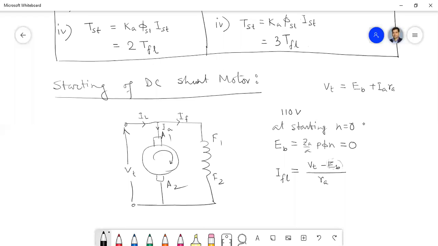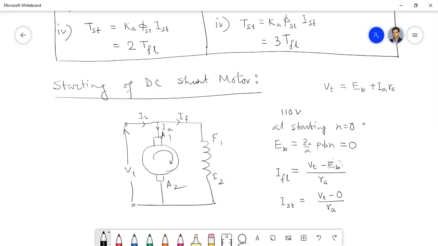its rated value. Now at the starting, if the back EMF becomes 0, then what will be the starting current? What will be the armature starting current? It will be Vt minus 0. As we have seen, EB becomes 0 at the starting. Vt minus 0 by Ra.